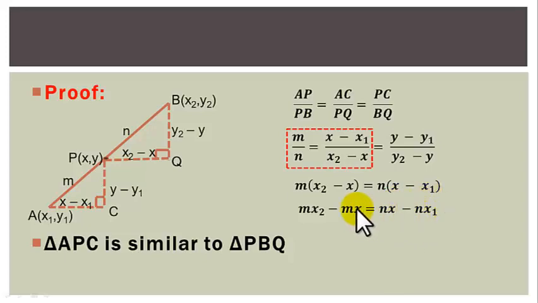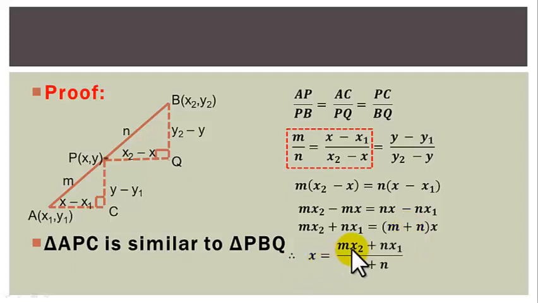Bringing this term to the left and this term to the right, this will give us mx2 plus nx1 equal to (m plus n) times x. Now to find x, we have to divide both sides of this equation by m plus n to get x equal to (mx2 plus nx1) all over (m plus n).